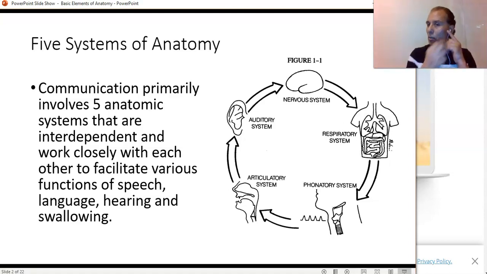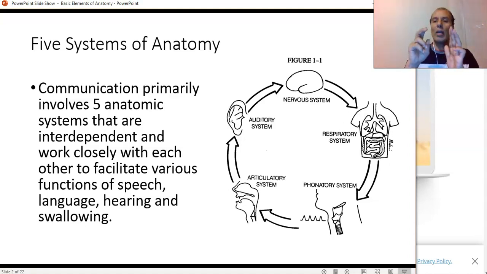So the auditory system is going to carry that signal from the outer ear, to the middle ear, to the inner ear, to the auditory nerve, and from there to the brain stem that has auditory pathways called ascending auditory pathways.